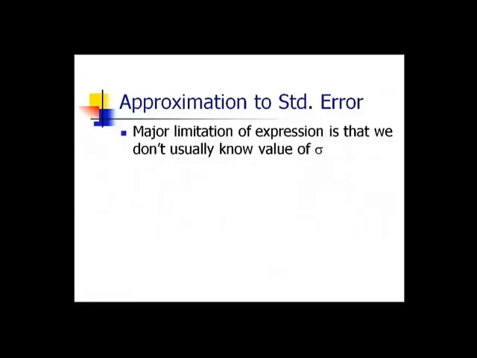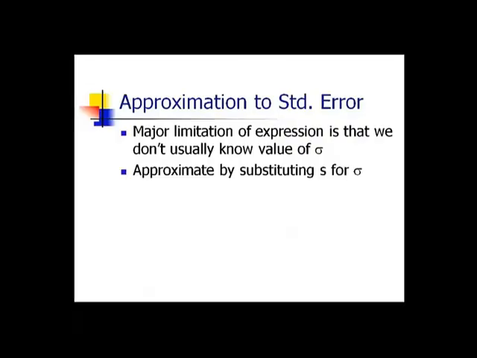So the video gave us some hints. It said we could go back and look at historical data and get some information from that. Or we could take a test sample of size 30 or more, and we'll see the significance of that 30 number. Why 30 or more? Or we could actually just take the standard deviation of the sample that we have and substitute that for the population standard deviation sigma.